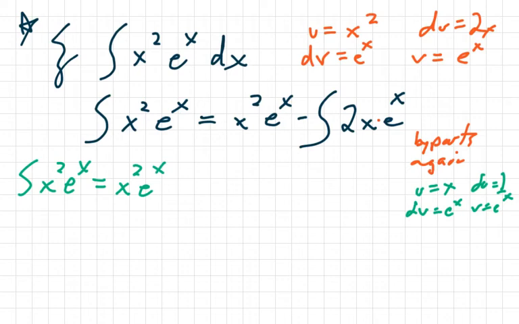Now, remember, this is all its own thing here, okay? So I'm going to do it down low here so you can see it. I'm just going to take that minus 2 out. So I factored this negative 2 out, so I'm only dealing with the x e to the x.